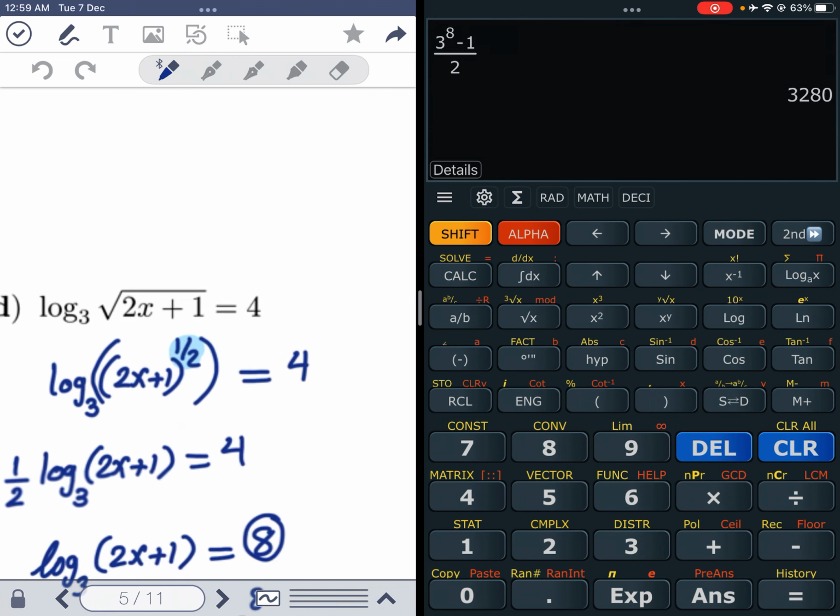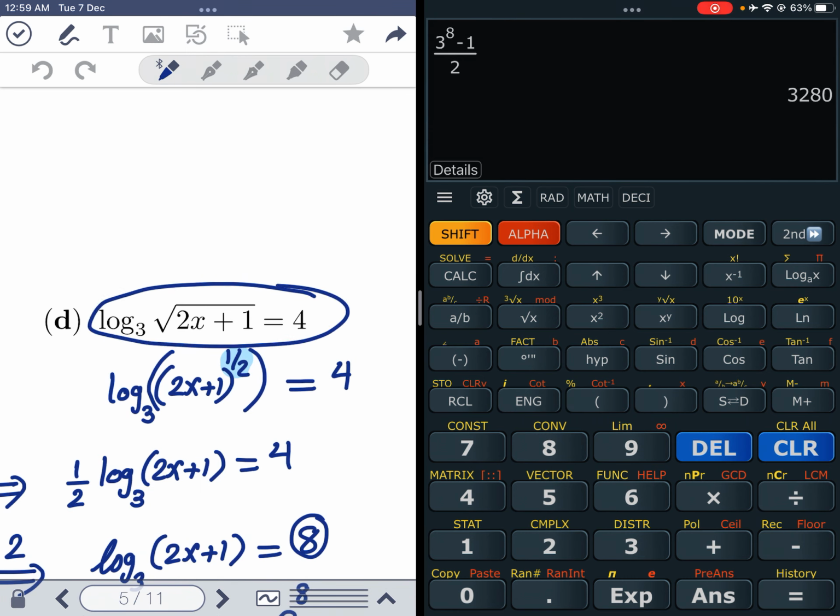To check it, we're going to put it back in this formula, the x that we found, this 3,280. So let's check. Log base 3 of radical, and then we put 2 times the x that we found, 3,280, plus 1.